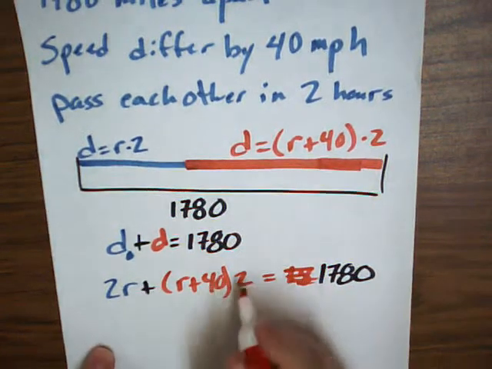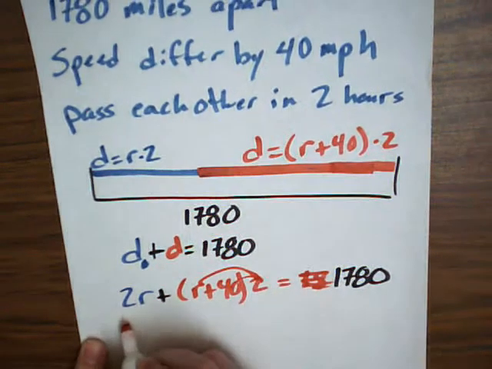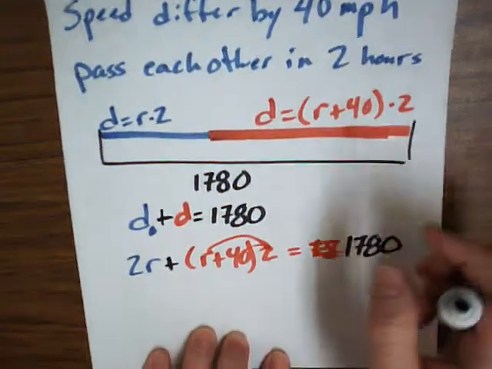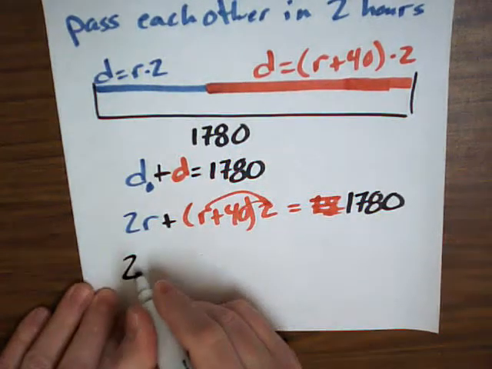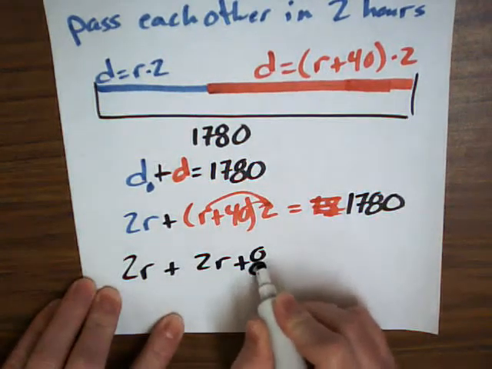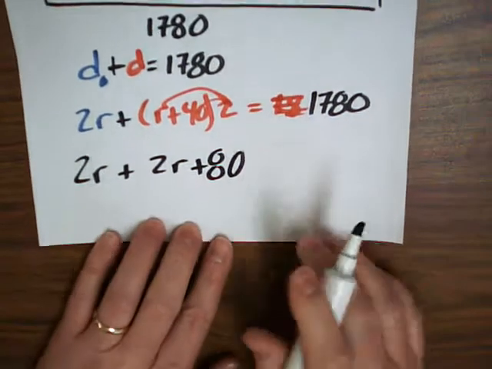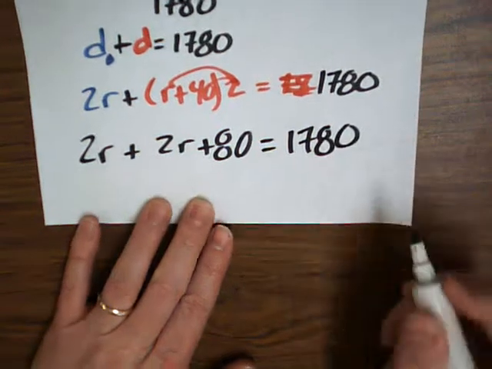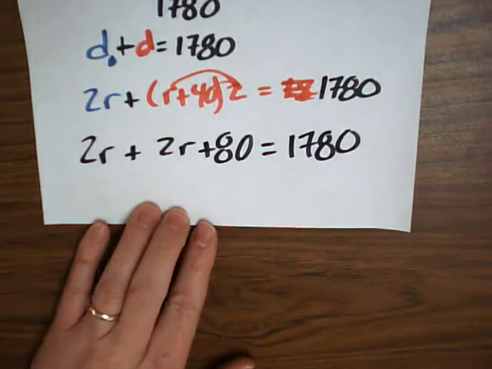Okay, so if I distribute this 2, here I'm just going to use one color now. Okay, I'll use black. It's all coming together now. So 2R, and this would be plus 2R plus 80 equals 1780. So far, so good.